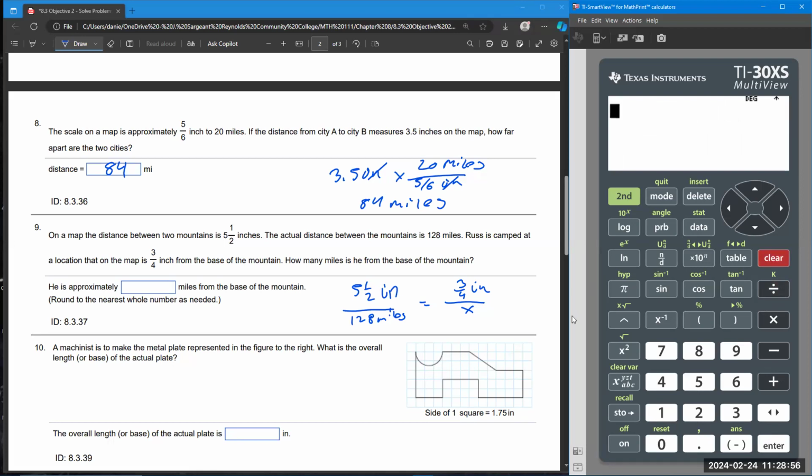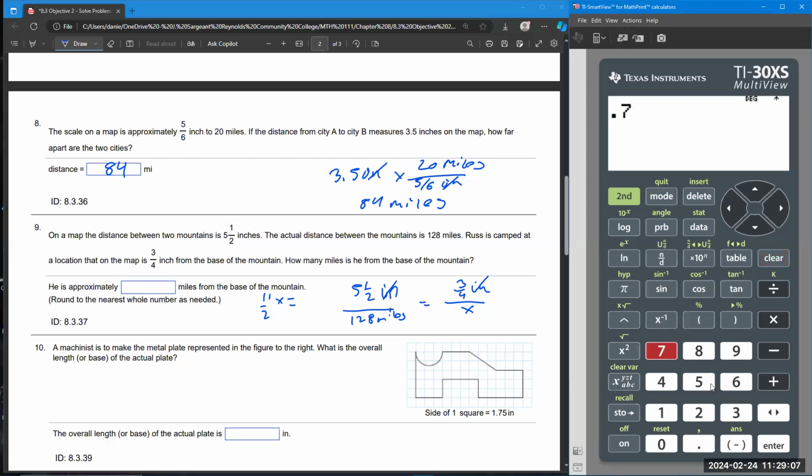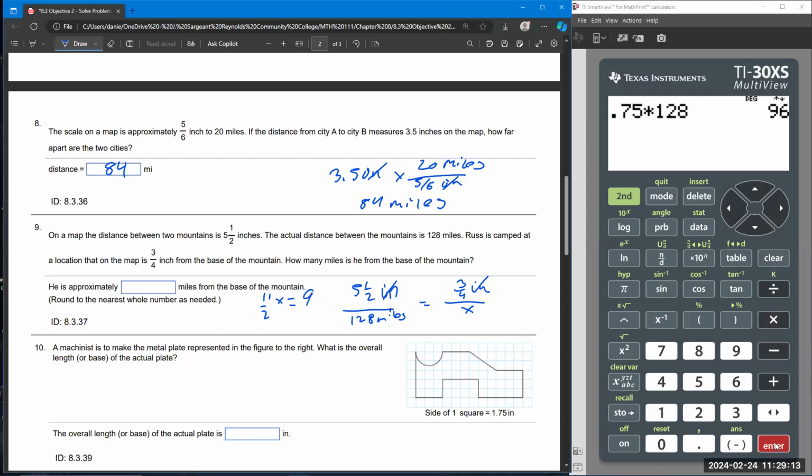Let's do it this way. 11 halves over 128 equals 3/4 over x. What's 3/4 times 128? 96.